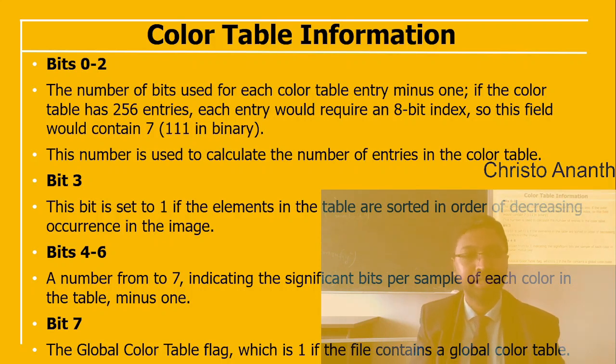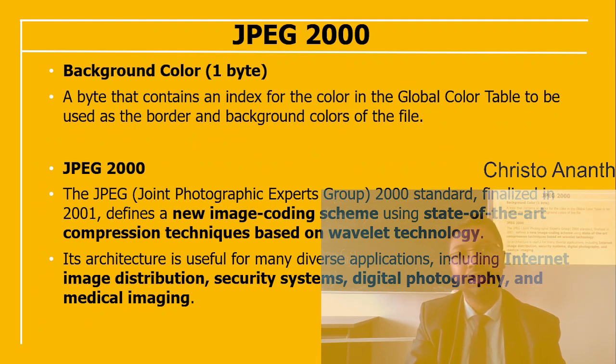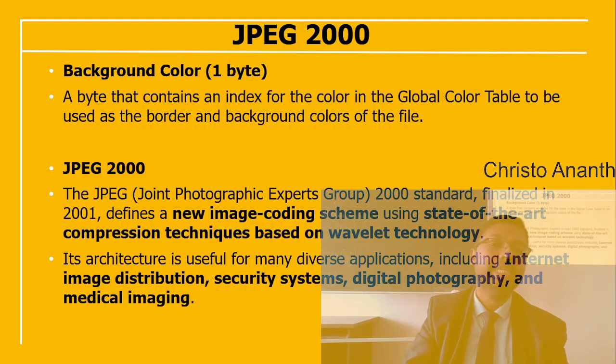Finally bit 7 is the global color table flag, which is 1 if the file contains a global color table. Then finally the background color, which is also 1 byte. It contains the index of the color in the global color table that will be used as the border and maybe the background color for the file.